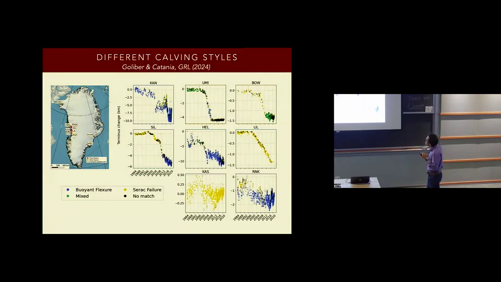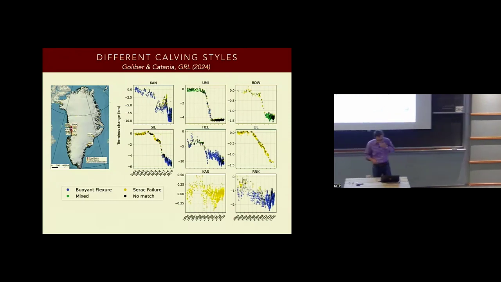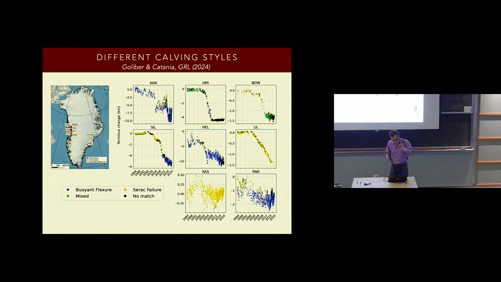And what you see is that they typically have a very specific carving style, right? So blue here is that full depth carving, which we see in these three. And then you have smaller glaciers that carve predominantly serac style. And I'm going to come back to this plot towards the end of my talk.